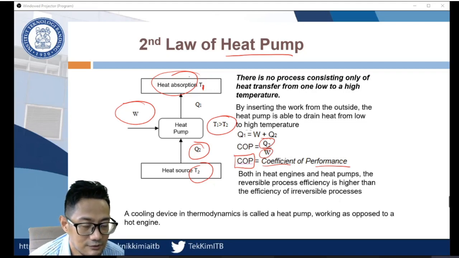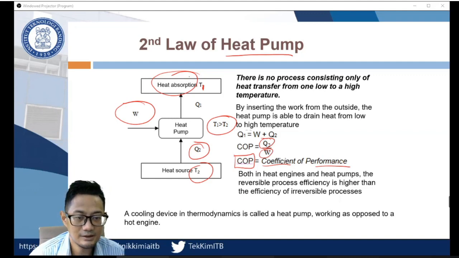In fact, if you look at your refrigerator, in some of the refrigerator specs, the value of COP is written. You can check from your fridge or refrigerator. Sometimes it can be in the value of 5 or in fact 7. Okay.